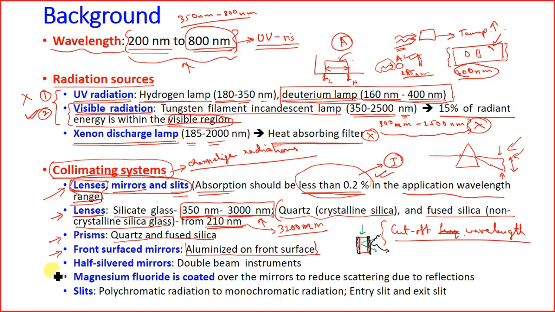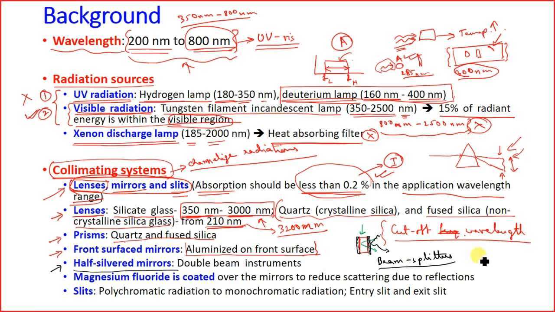Then we have another mirror, half silvered mirrors, which are also called beam splitters. They are used to split the beam.